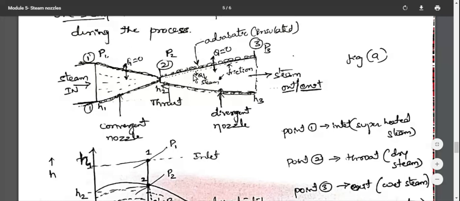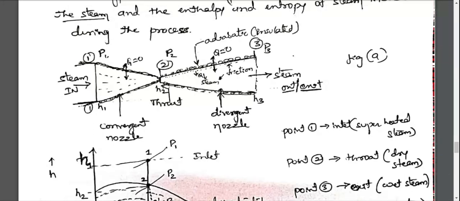Whatever heat is produced due to friction between the steam and the inside surface of the nozzle will not go outside because it is insulated. So that heat will be within the system only, and that heat adds energy to the steam in the divergent nozzle.